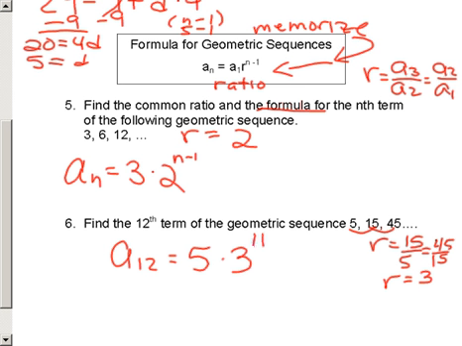N minus 1. Look, N minus 1. So what's it equal? Is that right? That's what they got in the last class. From there, you just put it in your calculator. Your calculator will do it. Did you take 5 times 3 to the 11th, or did you do 15 to the 11th? Is it wrong? Which one is it?